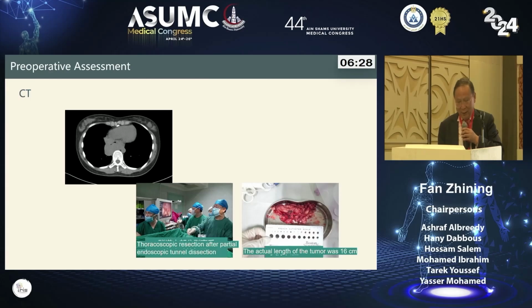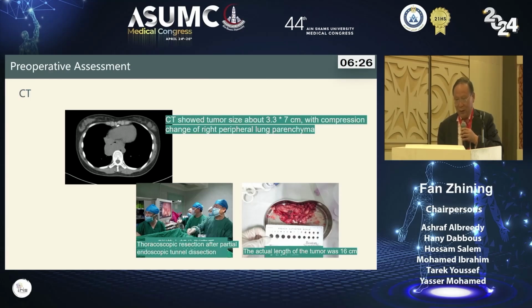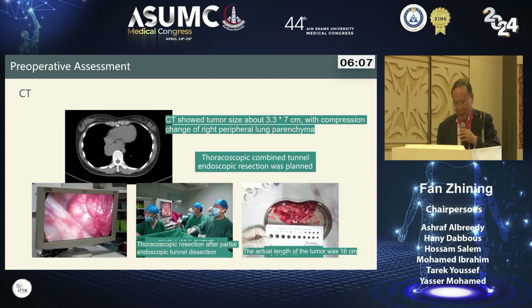This is the CT; the size is about 3 by 7 centimeters, compressing the lung. This is the thoracic surgery and endoscopic tunnel dissection.